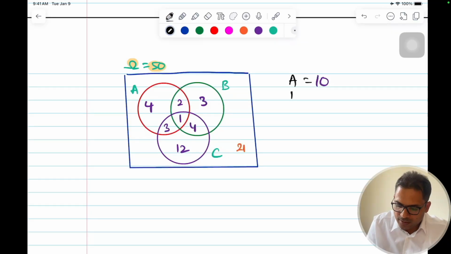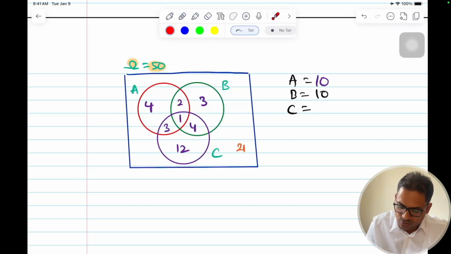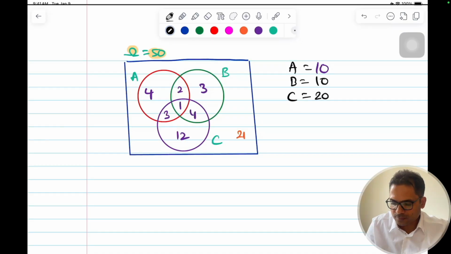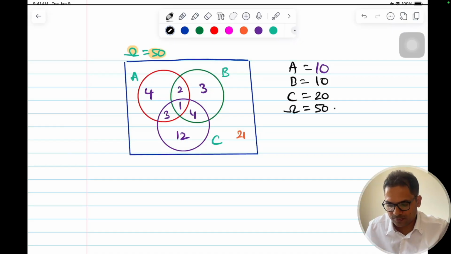What is the value of B? B is 3, 2, 5, 6, 4, 10. B is also 10. C is 12, 4, 16, 17, 3, 20. So C is 20, and my omega is equal to 50.